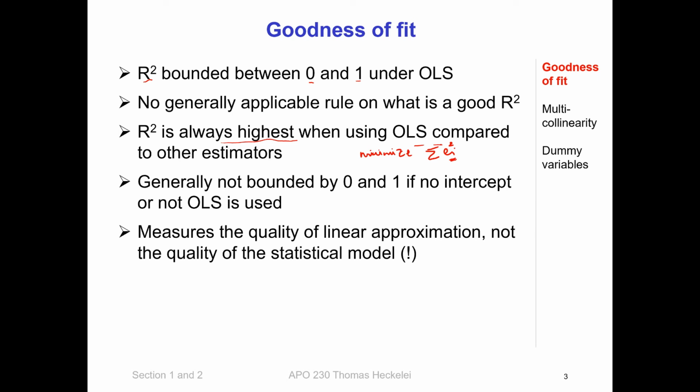And the last point is, one thing we should keep in mind is that R-square just measures the quality of the linear approximation. What we have done so far with OLS, what we have done so far with calculating the variance and integral ratios, is just a linear operation. Therefore, it does not tell you anything about the quality of the model.